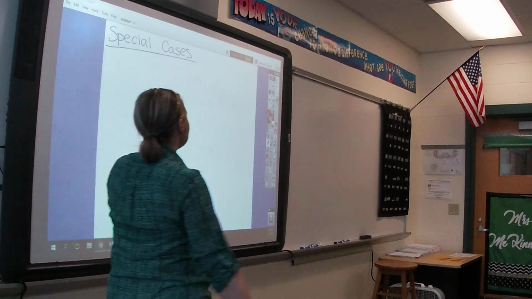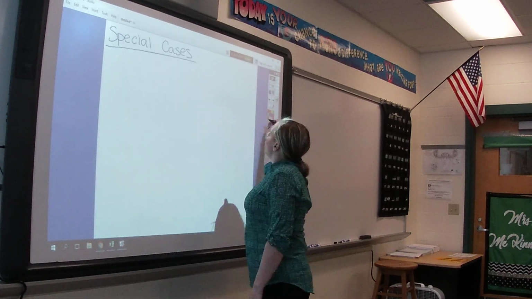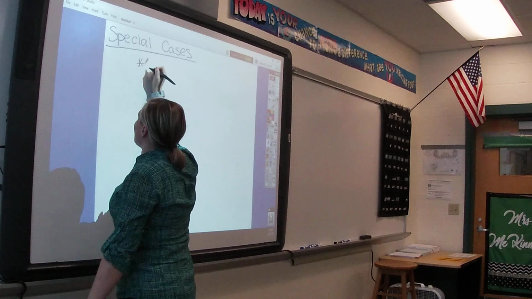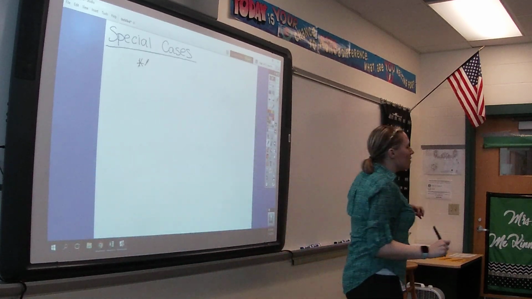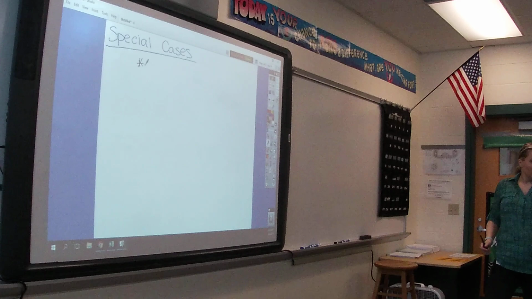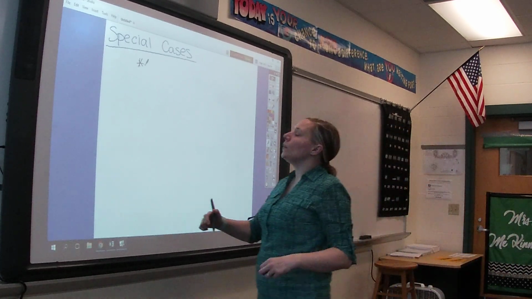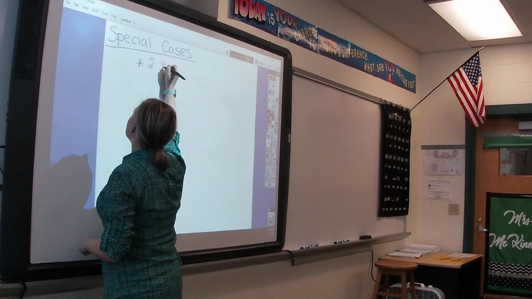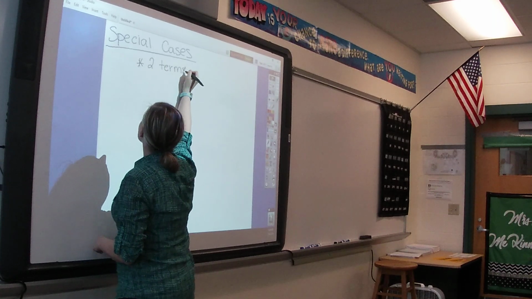Okay, so when we are factoring special cases, we have a few more rules than we've had with factoring other situations. Okay, because they're special, they're unique. Which means when we go to factor a special case, it is going to be 2 terms.